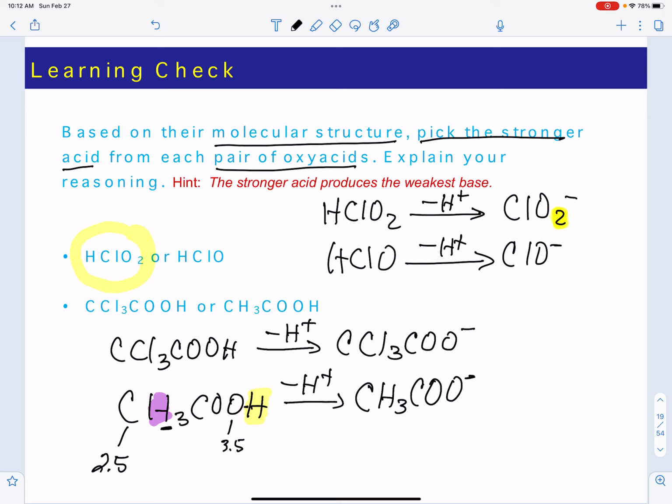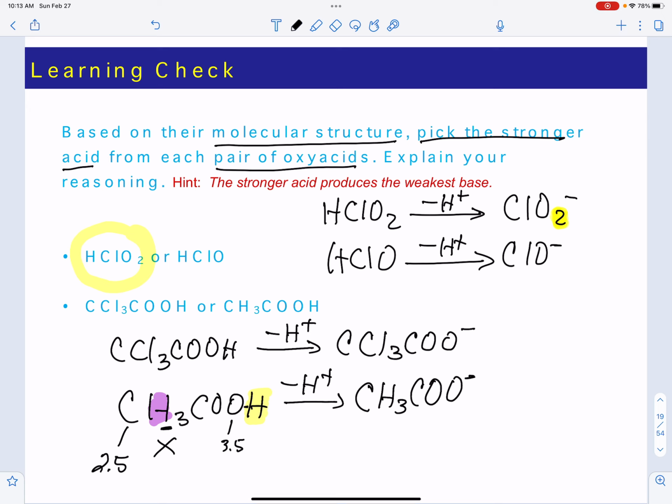So the acidic hydrogen always comes from the most electronegative element, because when the hydrogen leaves, the element that remains with the negative charge can stabilize it more. So that's why that hydrogen goes instead of these hydrogens.